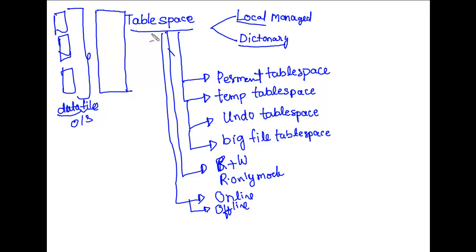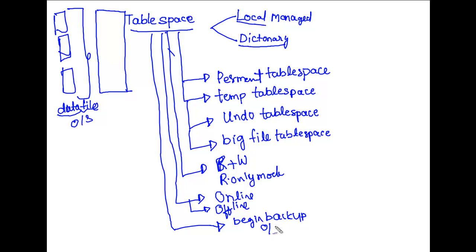Another thing you can do, when you're doing an online backup while the system is in archive log mode, is put it in begin backup and end backup mode. With begin backup, the system is not changing any blocks, and you can take an operating system level copy of the entire file and then do the end backup. That's another thing you could do on tablespaces.